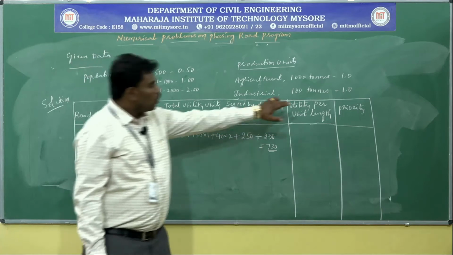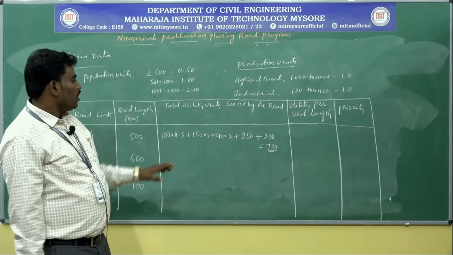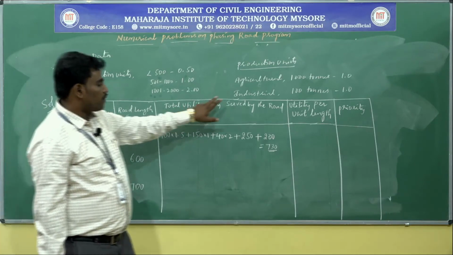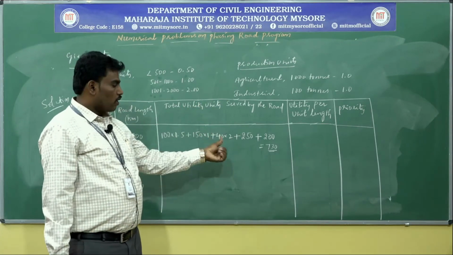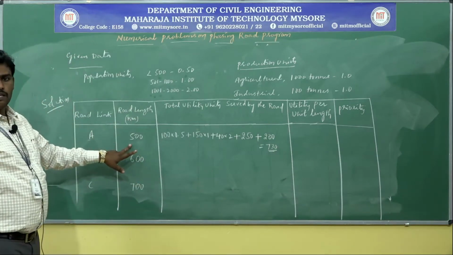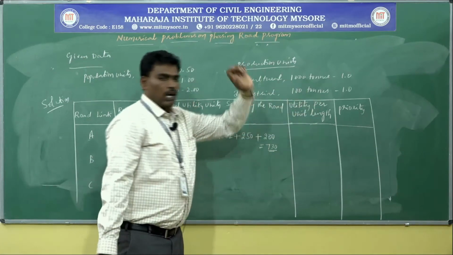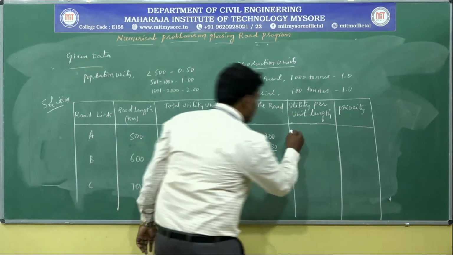The next is utility per unit length of road. As I told earlier, whatever total utility units are obtained in this manner, divide that by the length of road, and it will give the utility per unit length.